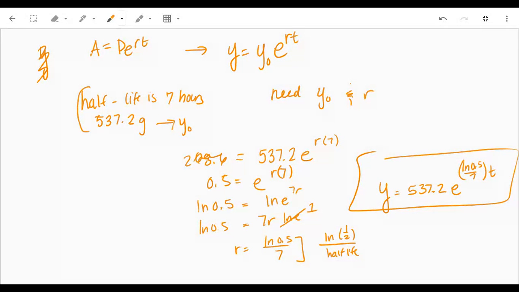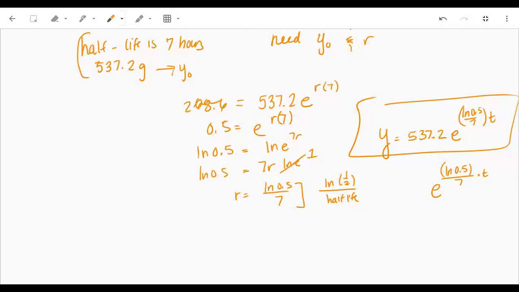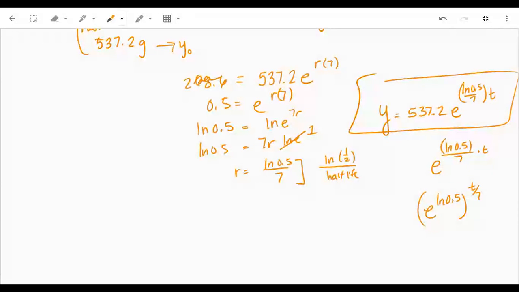One thing that you could do is e to the natural log of 0.5 divided by 7 times t. We can rewrite that as e to the natural log of 0.5 times t over 7. E to the natural log of 0.5, they kind of undo themselves, and it's actually just 1/2.